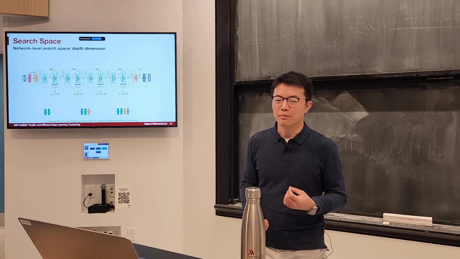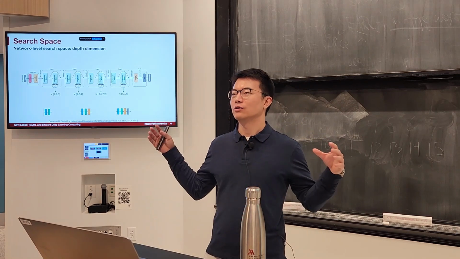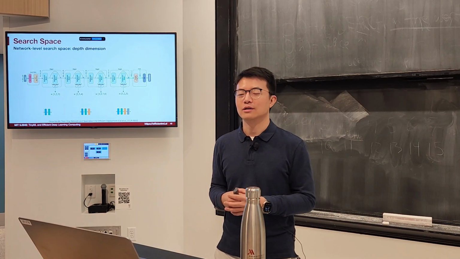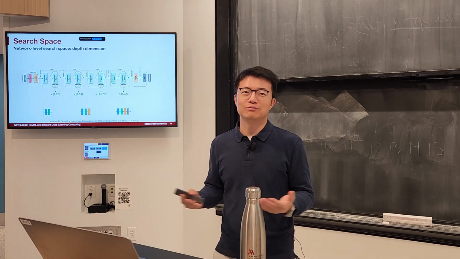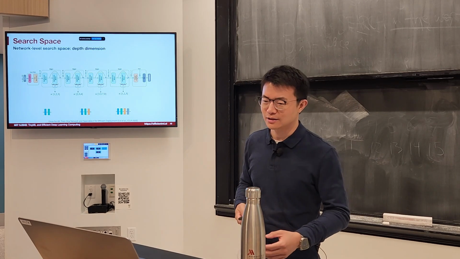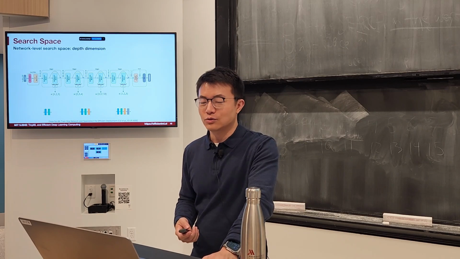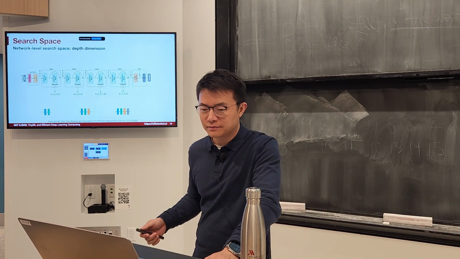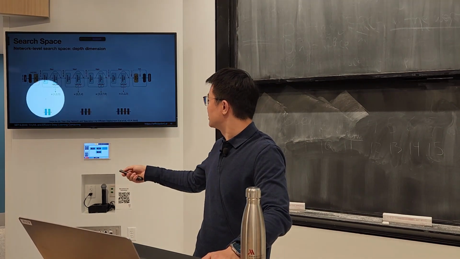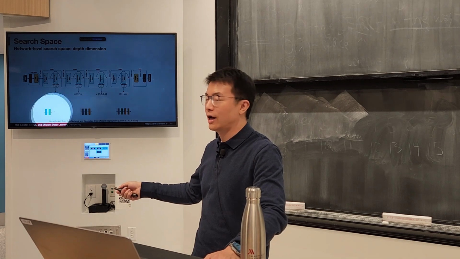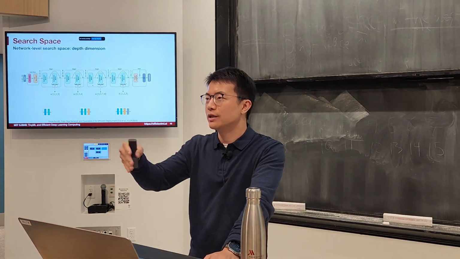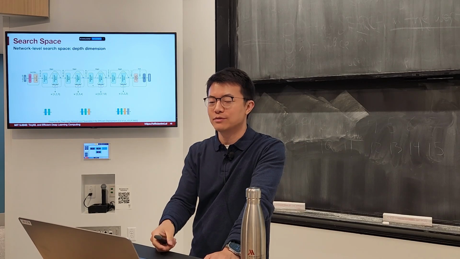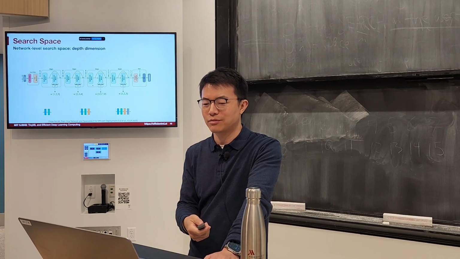So it might be better to think about the whole network as a larger design space, where different blocks may have different architectures. So what is the design space in this case? Starting from the input all the way to the output, we can have a variable number of layers. Previously, when we were repeating, we assumed a certain depth, but now we can also change the depth.